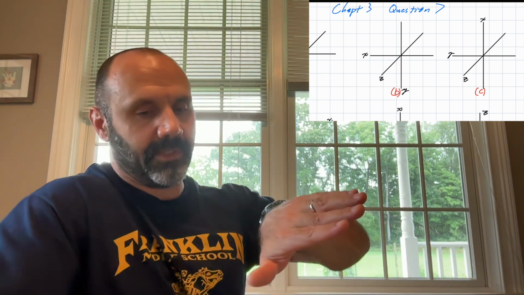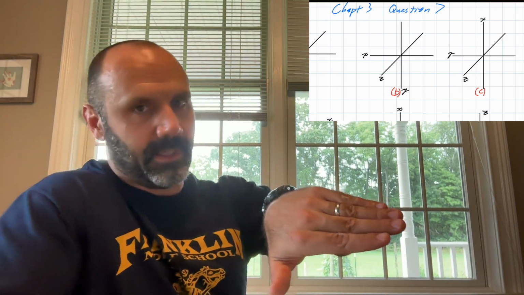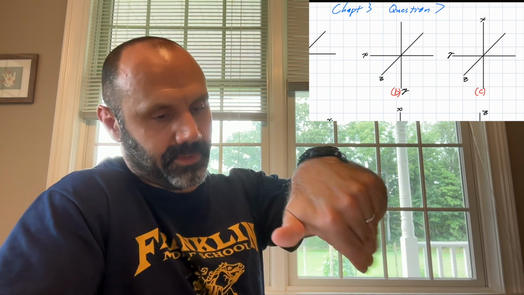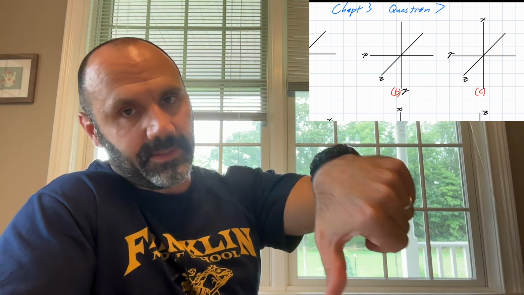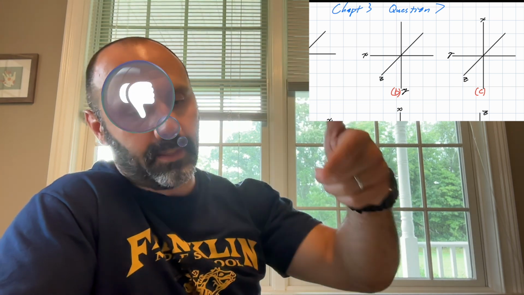And that works. But again, let's show this with the left hand. X is towards the left, y is towards the bottom of the page, and z, my thumb, ends up pointing into the page, which is not what is in question B.